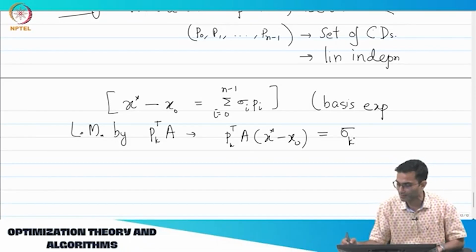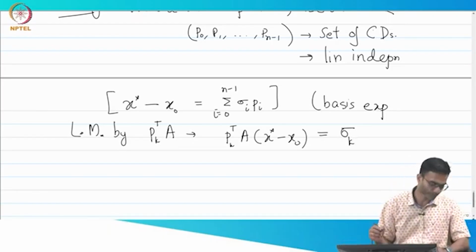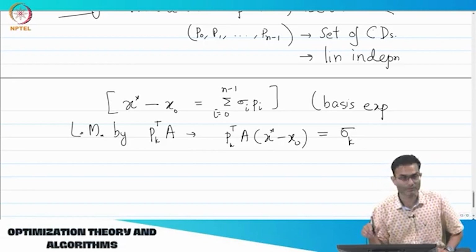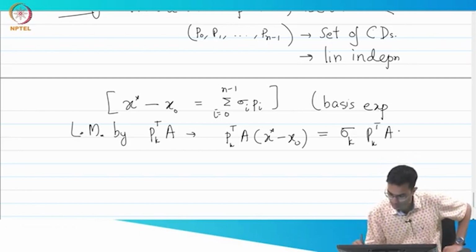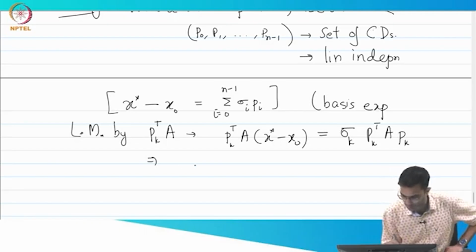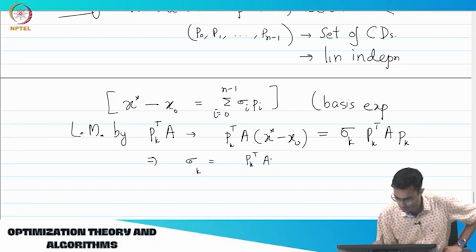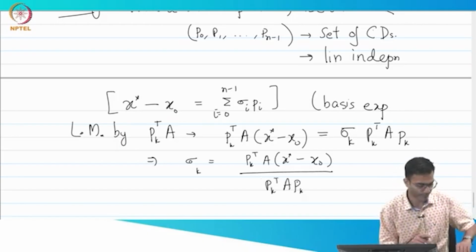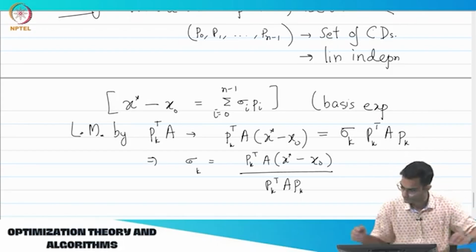I obviously don't know x star, so I cannot evaluate sigma k this way. One mistake over here: there's something missing in this expression. I forgot to write p k transpose A p k. So the expression I got for sigma k was p k transpose A (x star minus x0) divided by p k transpose A p k.